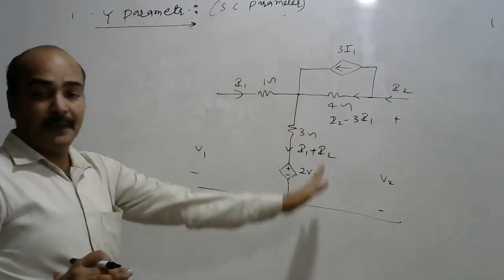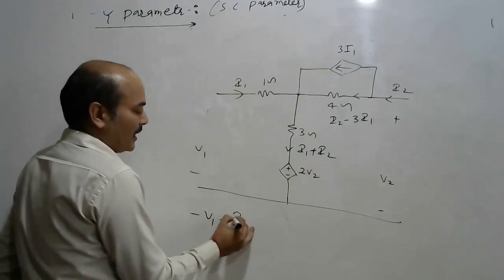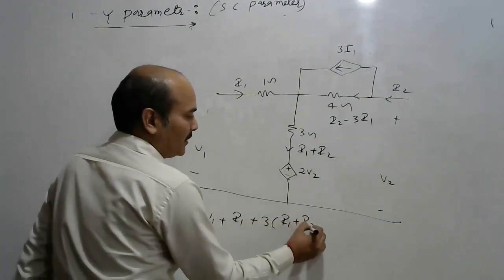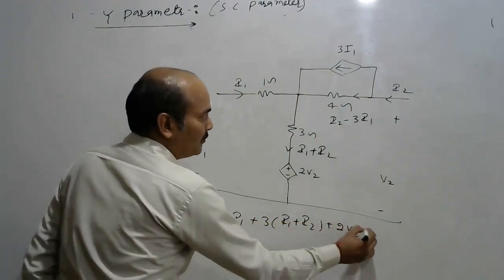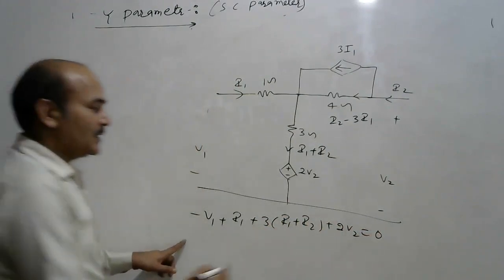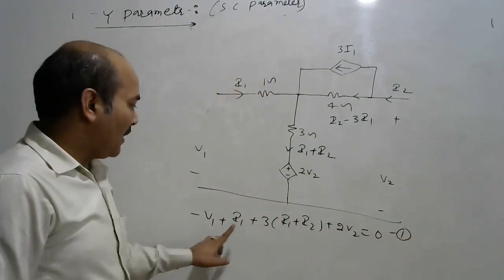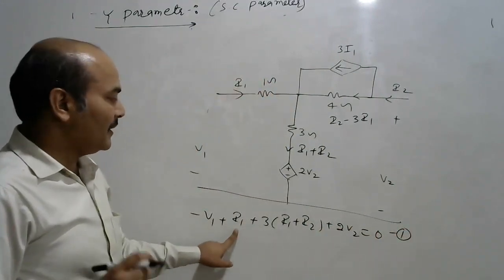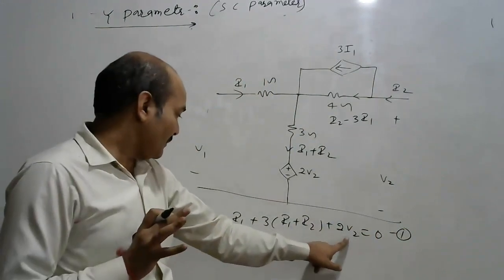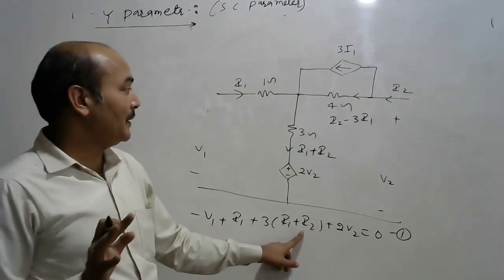So if I apply the KVL in this equation: minus V1 plus I1 plus 3 of (I1 plus I2) plus 2 of V2 equal to 0. Okay, so this is, suppose, my first equation. Our target is to find I1 as a function of V1 and V2. But the equation also has the I2 variable, so we have to remove this variable.